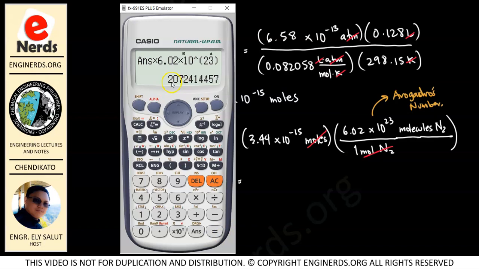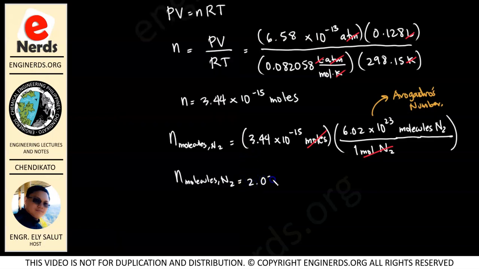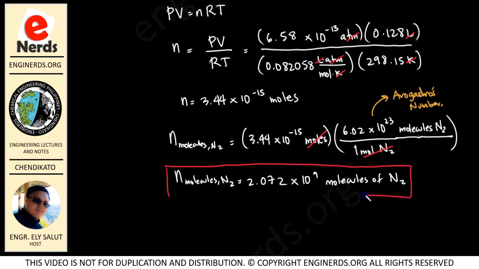This is about 2,072,414,457, so we can write this in scientific notation, 2.072 times 10 to the 9th molecules of N2. Okay, so this is actually our final answer for this problem.